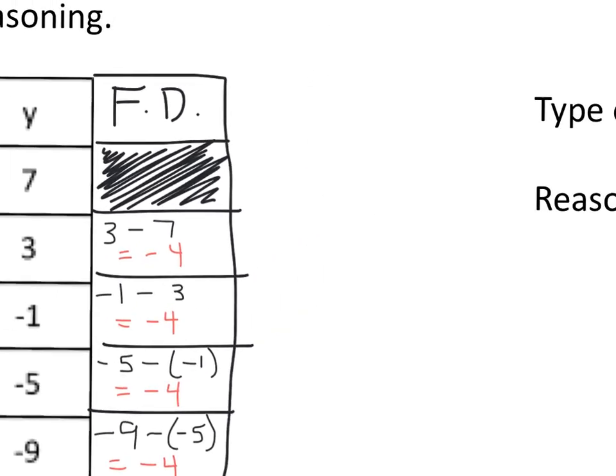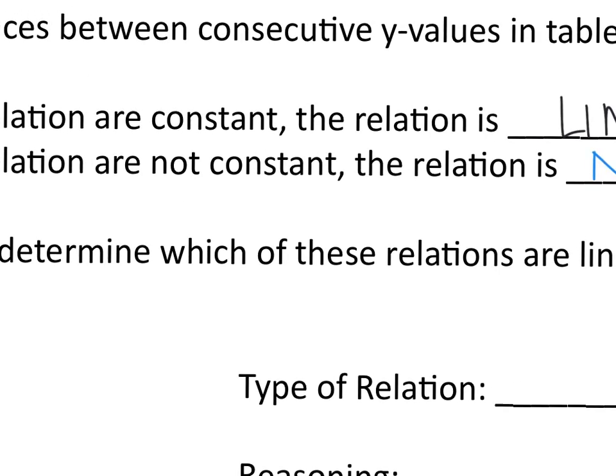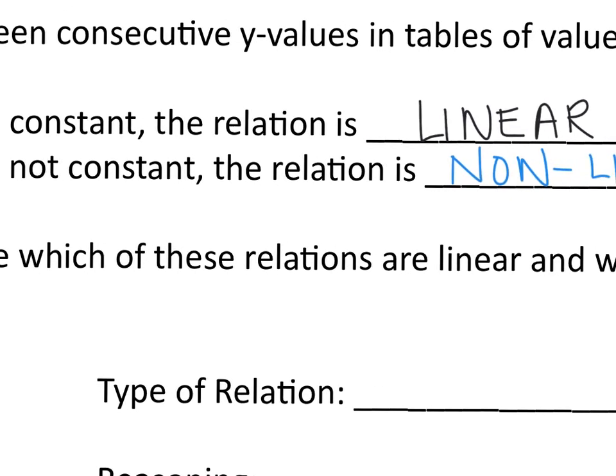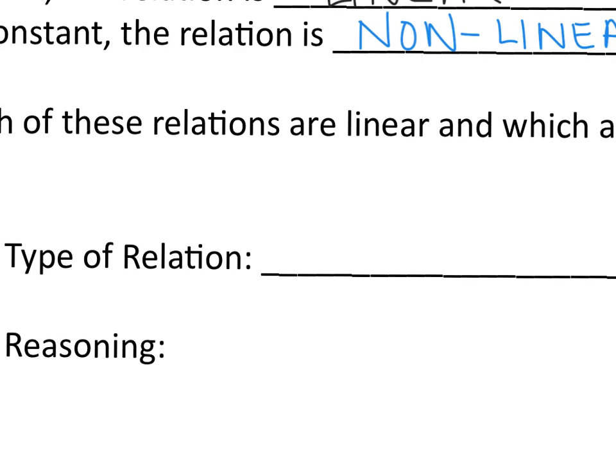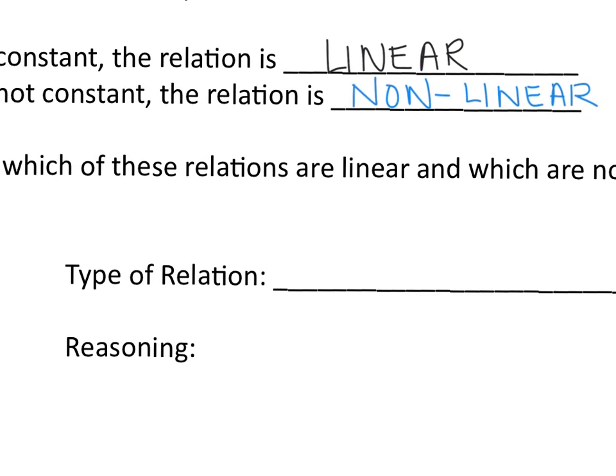So knowing that, remember we stated up at the top of our lesson that if the first differences are constant, our relation is going to be linear. So I'm going to fill that in here. My type of relation is linear.